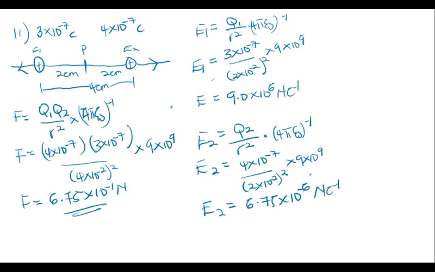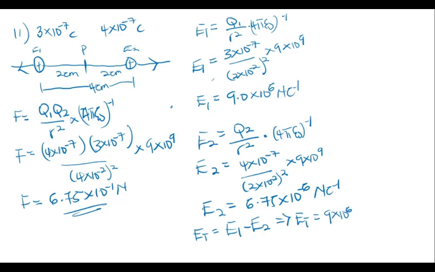Now because these two are acting in the opposite direction, that is, they are repelling each other, our total intensity at P will be the greatest one, which is E1, minus E2. So our E total is equal to 9 times 10 raised to the power 6.